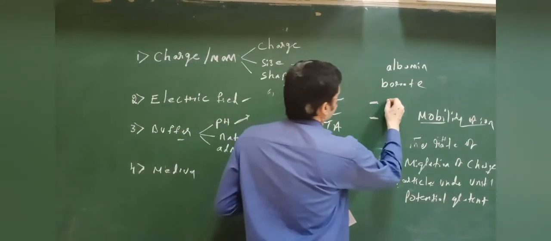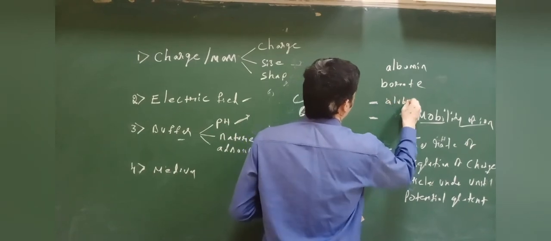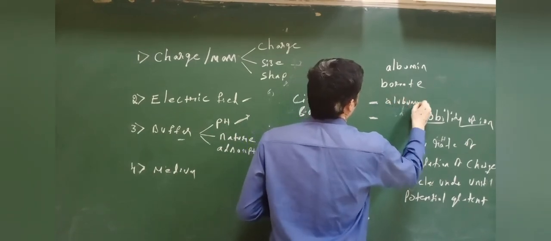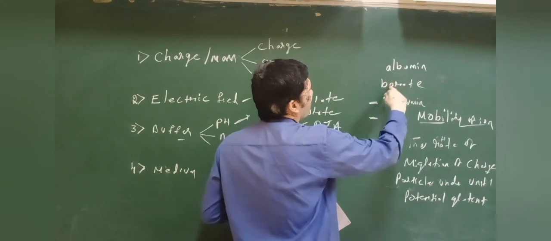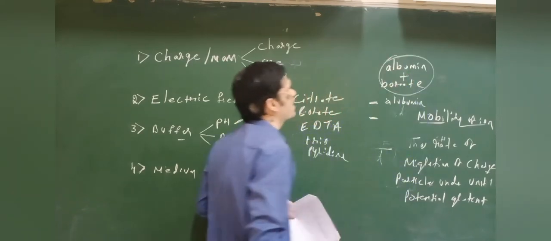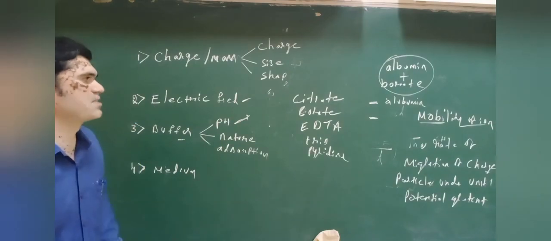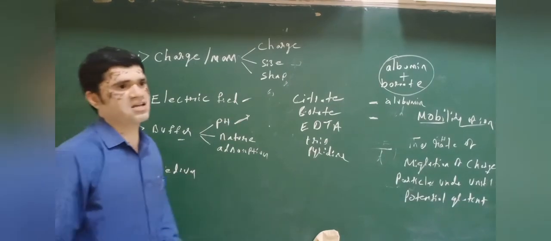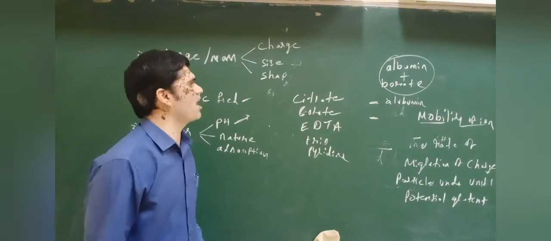One is for pure albumin, and another one will be a borate albumin complex. In some cases, this is also helpful.